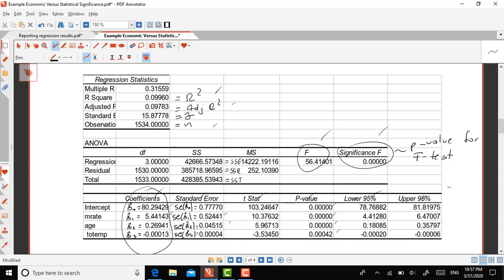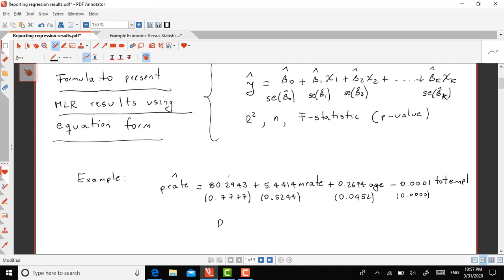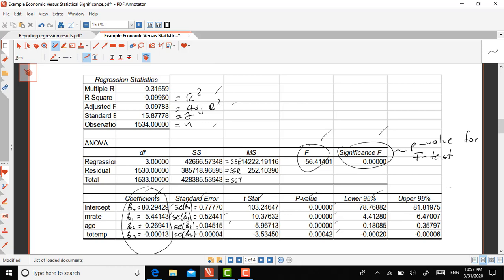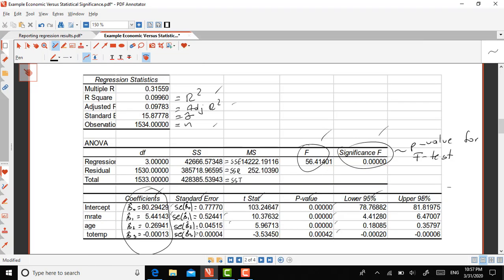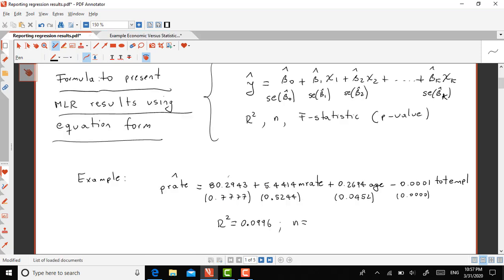Okay, the R square, 0.0996. You have to report the actual value. I'll write that value. N is 1,534 observations.